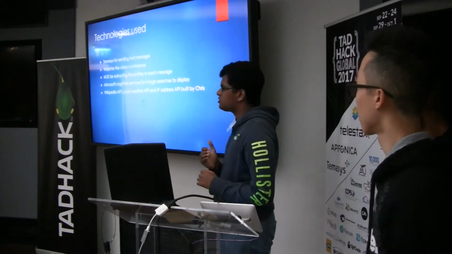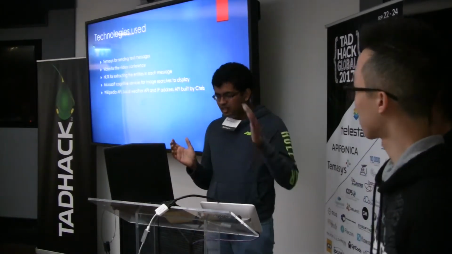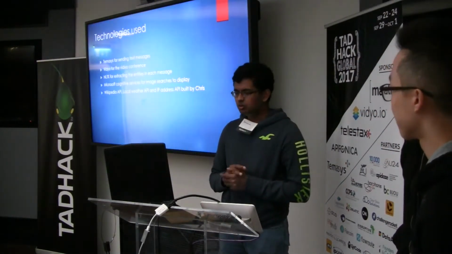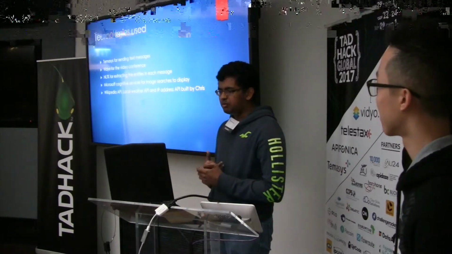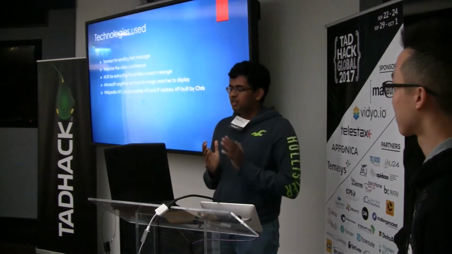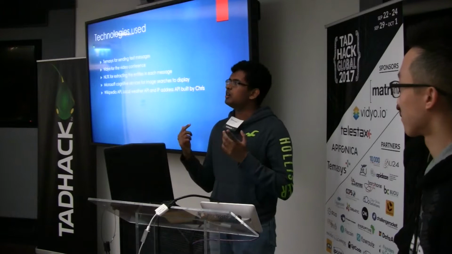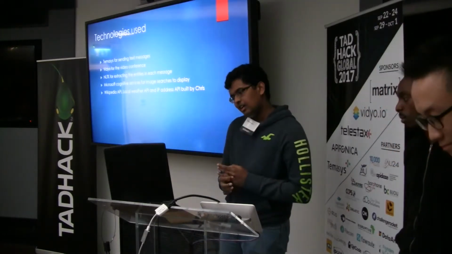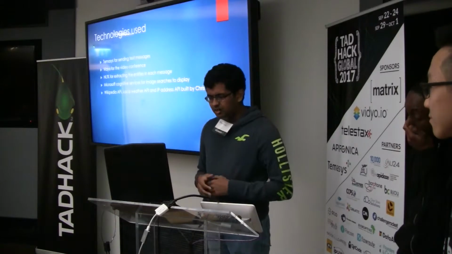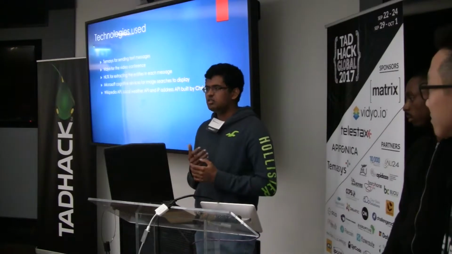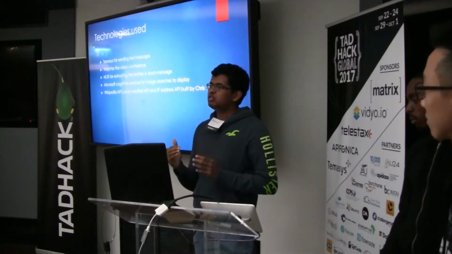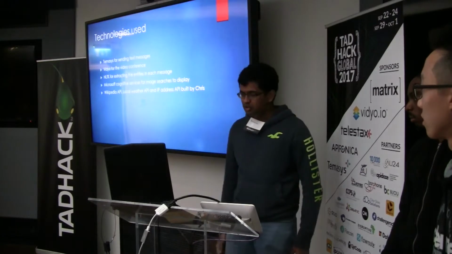For the technologies, we used a few things. We used Temesis for the message sending, and video for the actual video call. We used the NLTK Python library to extract entities such as places, things, and people from the messages, and to grab the images, we used Microsoft's cognitive services to pull images or URLs off of Bing.